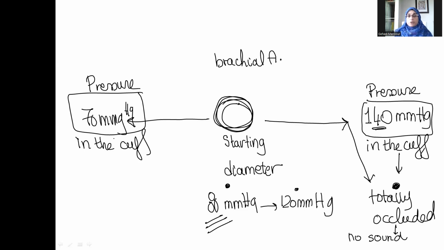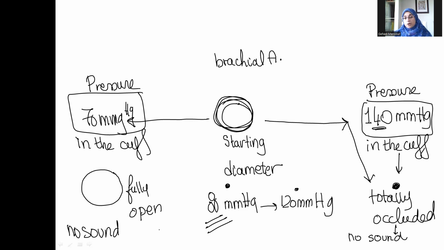So if the pressure in the cuff is 70 millimeters mercury, then you can guarantee that the artery is fully open. And again, you hear no sound because the flow is laminar, or smooth, inside the artery. Okay? The problem is in between the two.